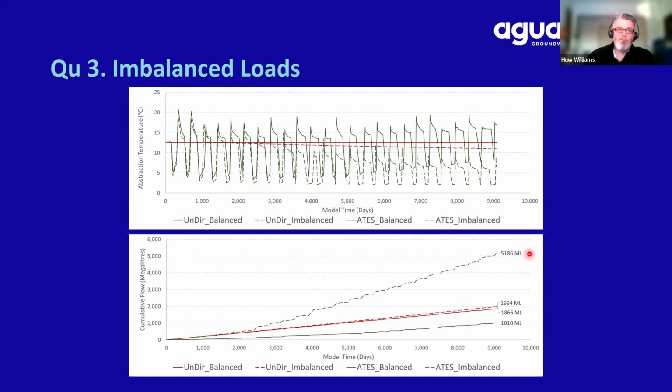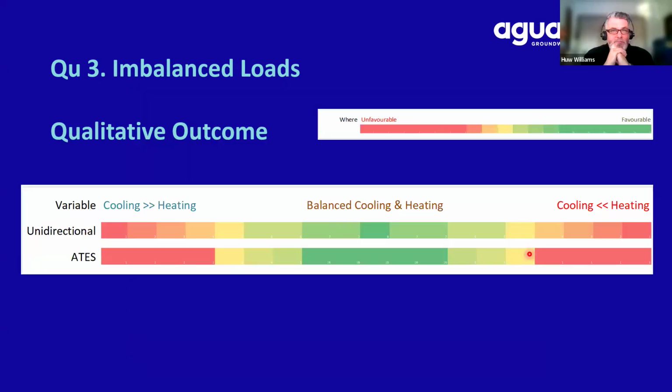So what we can say there is that moving from strongly cooling dominant to strongly heating dominant through a balanced system, the unidirectional system has a smaller sweet spot, a smaller Goldilocks zone, yet it's more tolerant to a wider range of heating and cooling than the aquathermal energy storage system, which has less tolerance to the extremes of imbalanced heating and cooling loads.